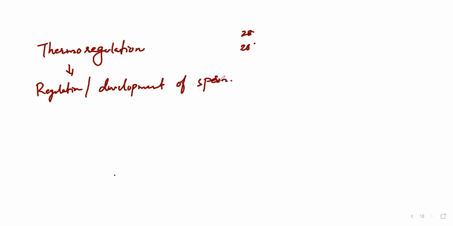So 2 degrees less than body temperature is maintained by the scrotum. The purpose is the development of sperm. Otherwise, they will be killed. That's the reason.